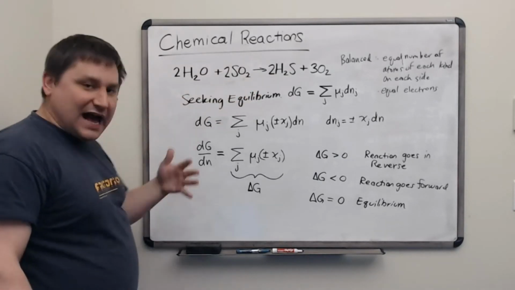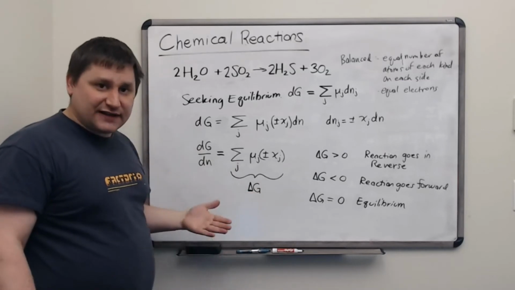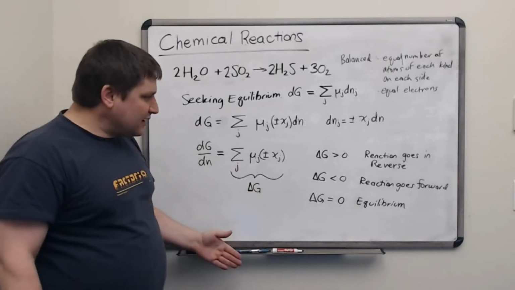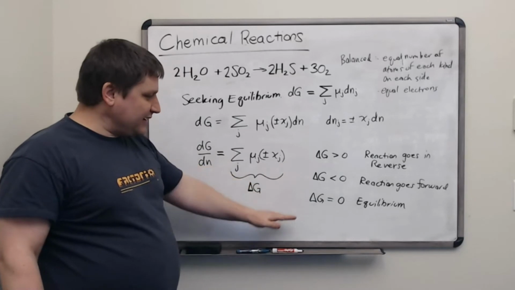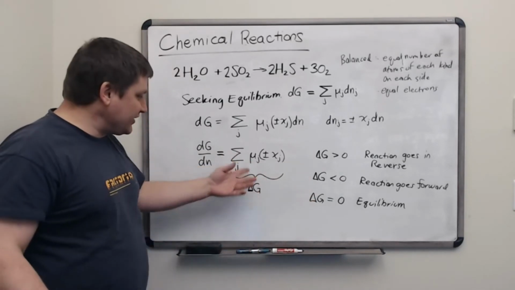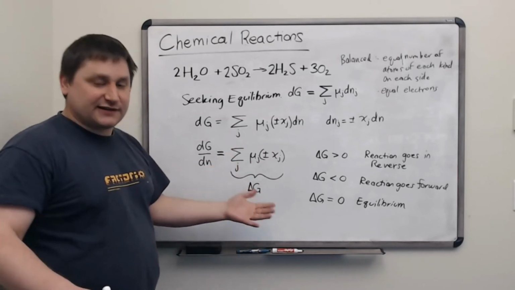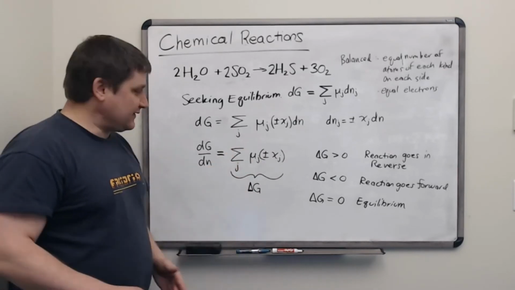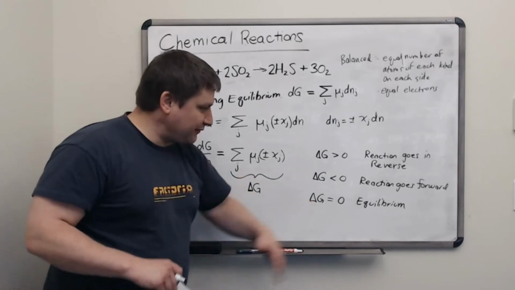So as the reactions proceed, generally the chemical potentials change. So this approach to equilibrium is highly non-trivial, right? You do a reaction, the mu's change, you get a different delta G. Does it still go forward, or does it reach equilibrium?